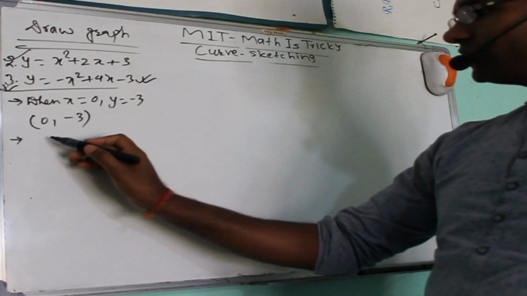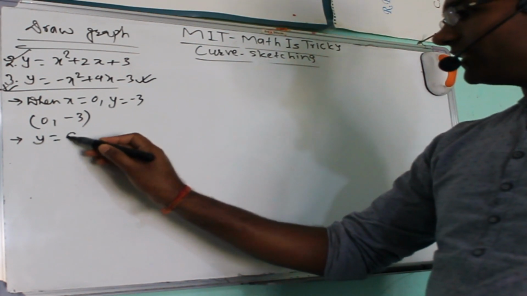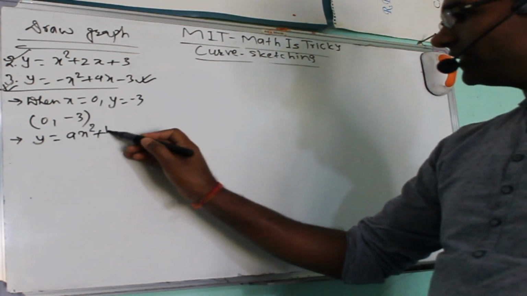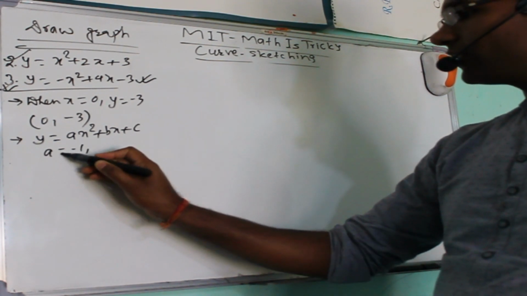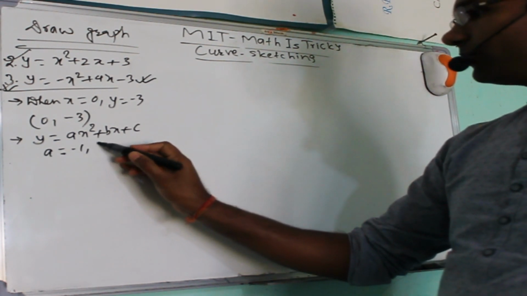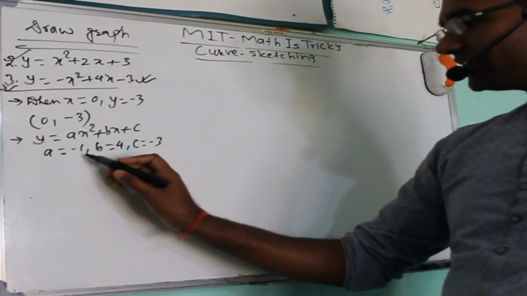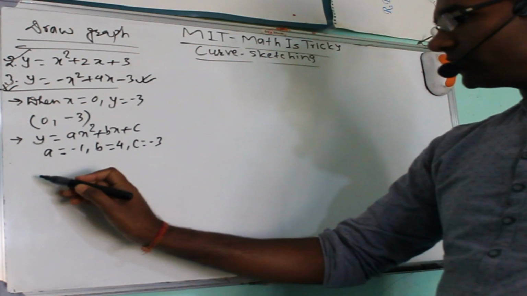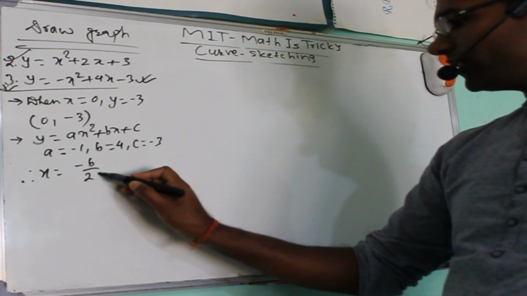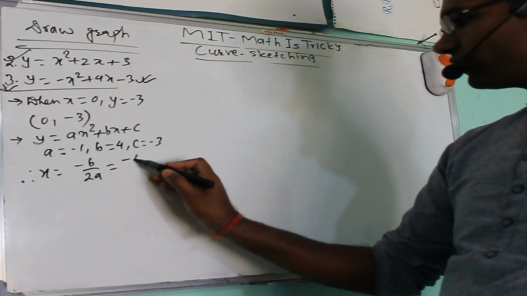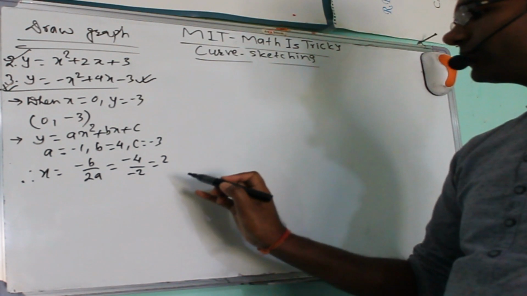Second one, let's find the vertex. To find the vertex, compare the given function with ax square plus bx plus c. Then we get a equals minus 1, b equals 4, c equals minus 3. Therefore we can write x equals minus b by 2a, which gives minus 4 by minus 2, which gives 2.